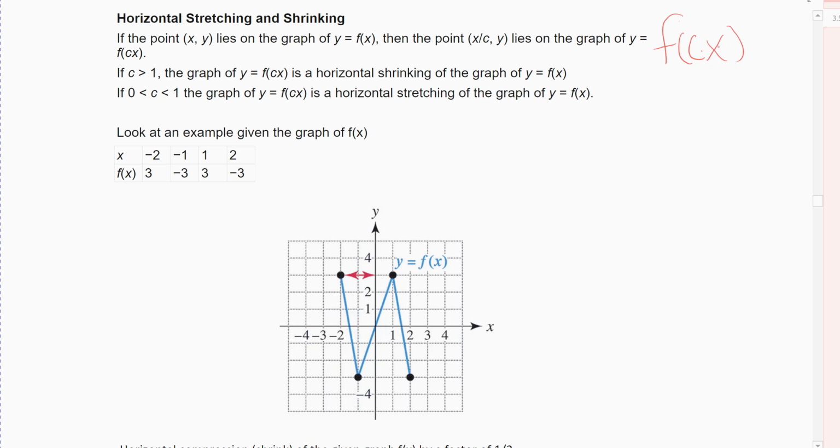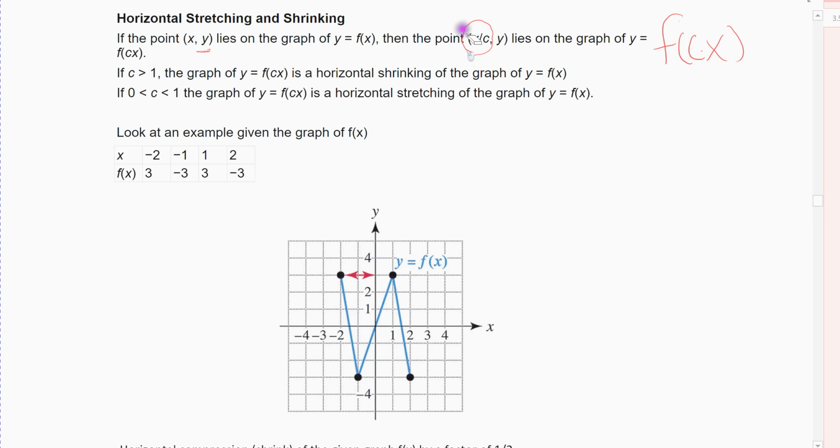To get back to whatever the original y values were, you have to undo the multiplication. So every point on the curve gets divided by that c value.